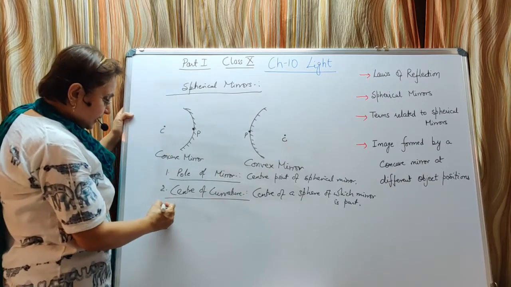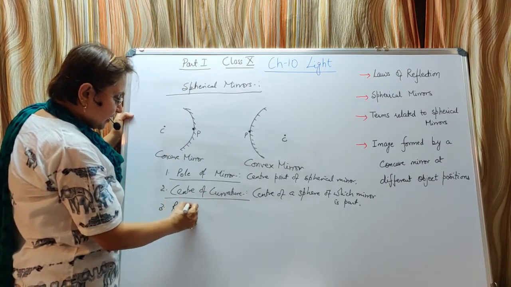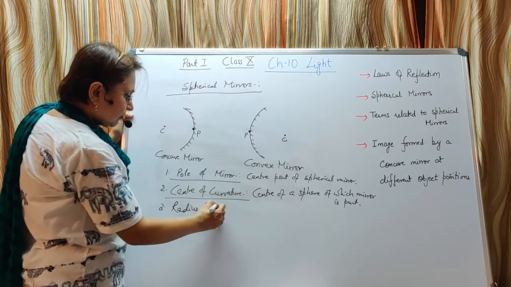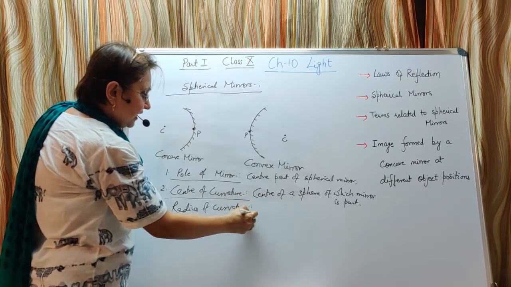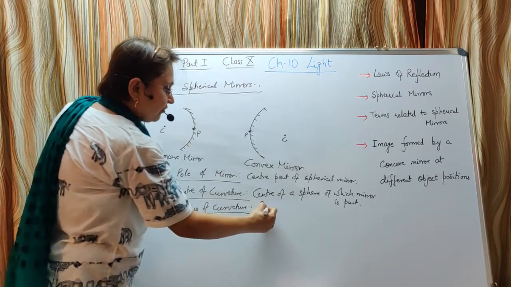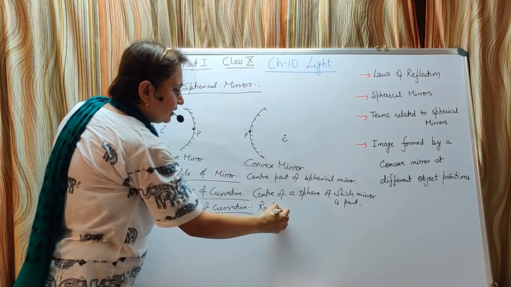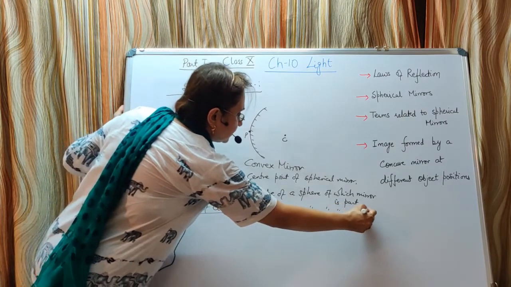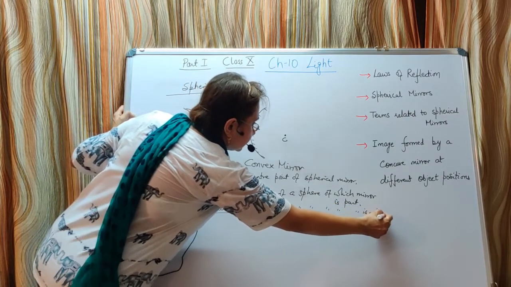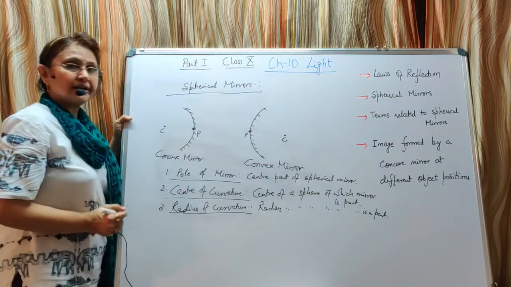Then the next point is the radius of curvature. The radius of curvature is the radius of the sphere of which the mirror is a part. This radius we call the radius of curvature.